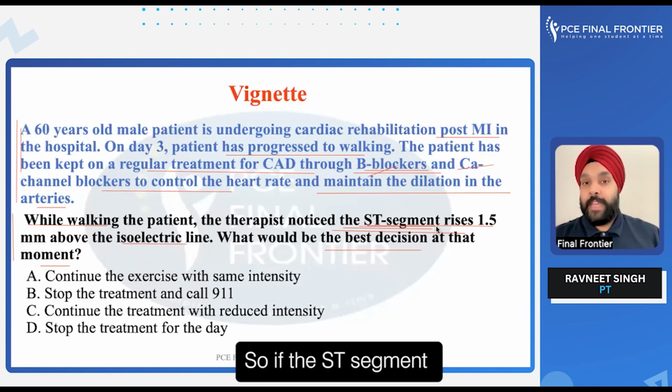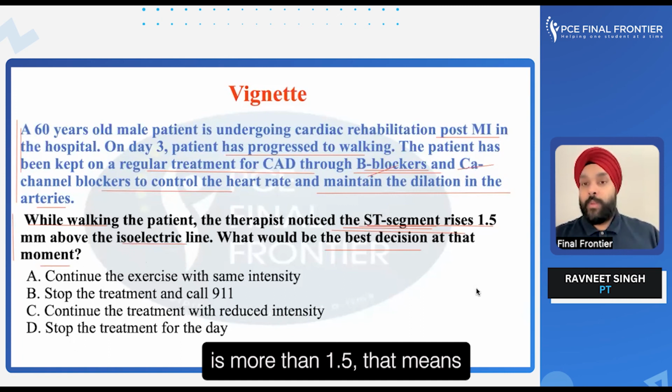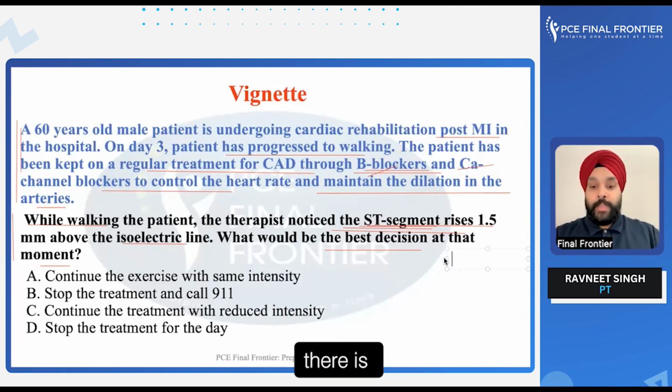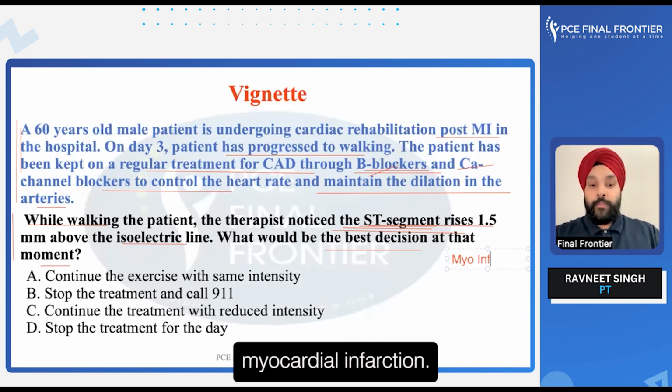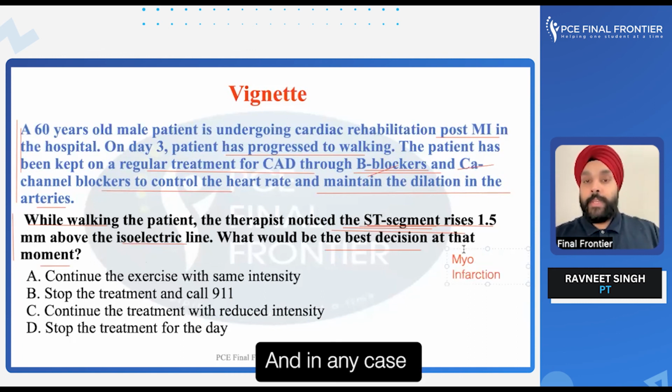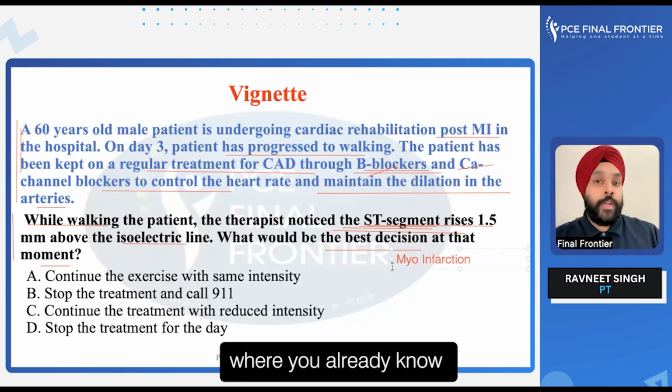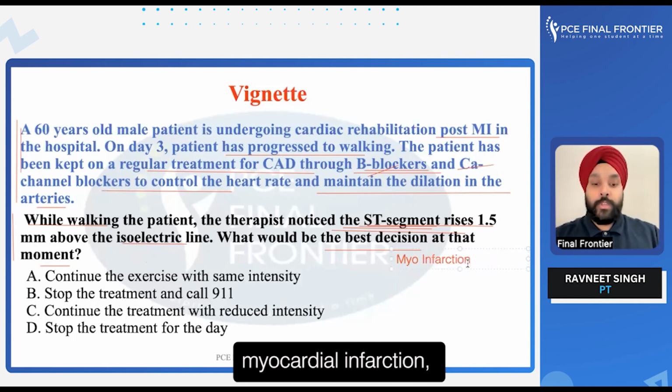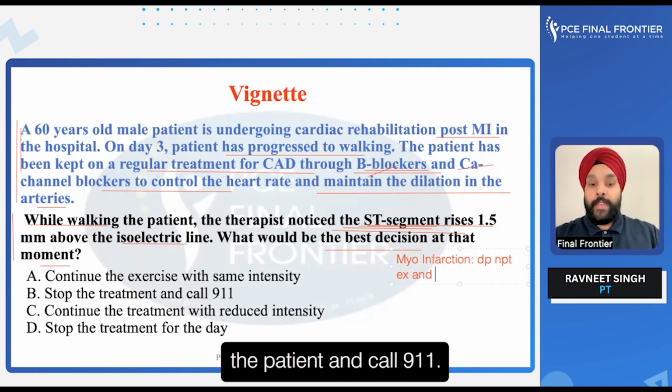So if the ST segment is more than 1.5, that means there is myocardial infarction. And in any case where you already know that there's a myocardial infarction, you do not exercise the patient and call 911.